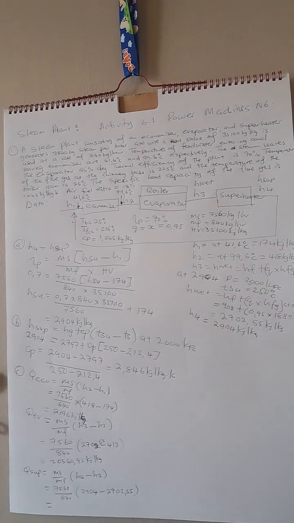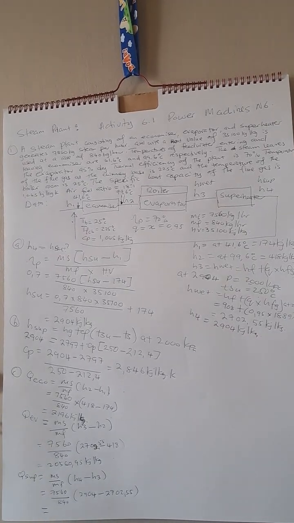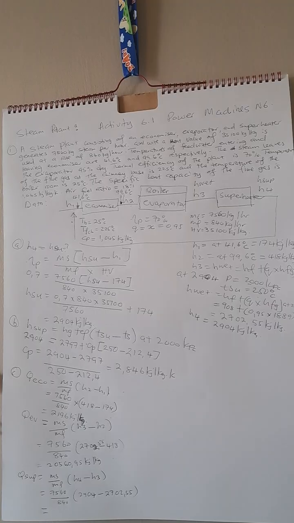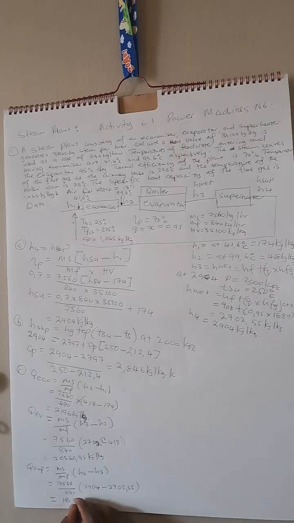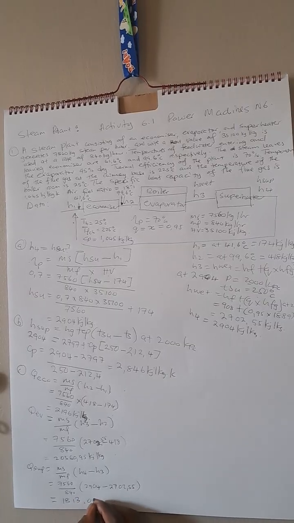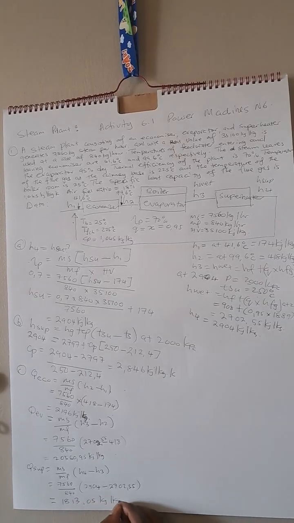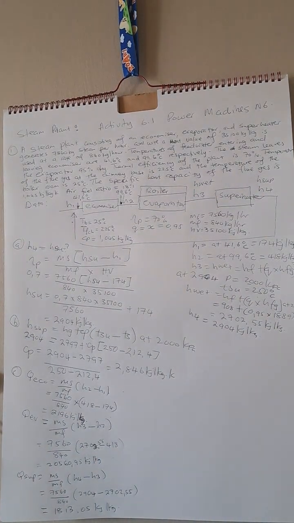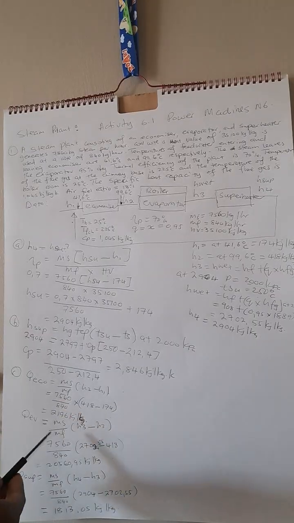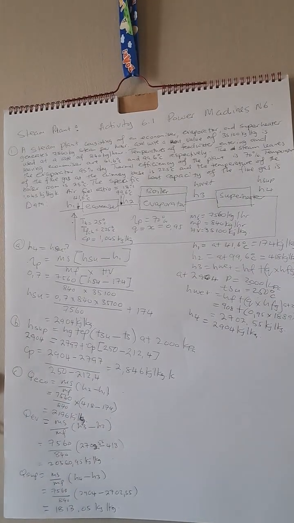So let's see what we are getting there: 2904 minus 2702.55. I'm getting 13.05 kilojoules per kg.